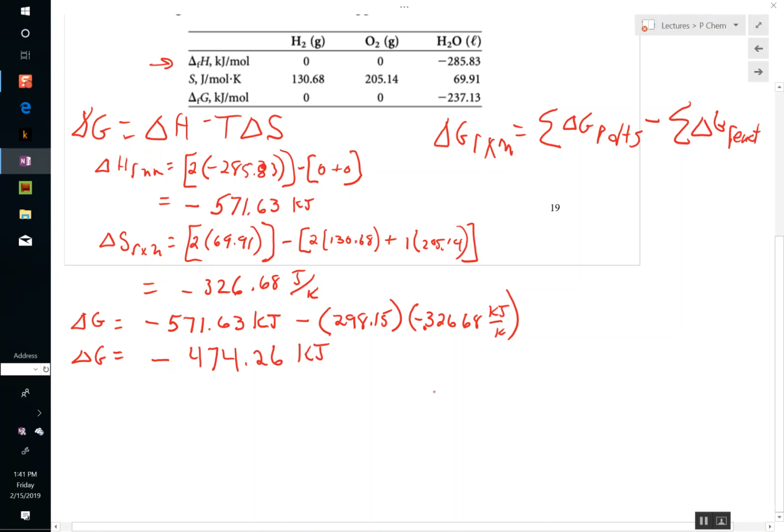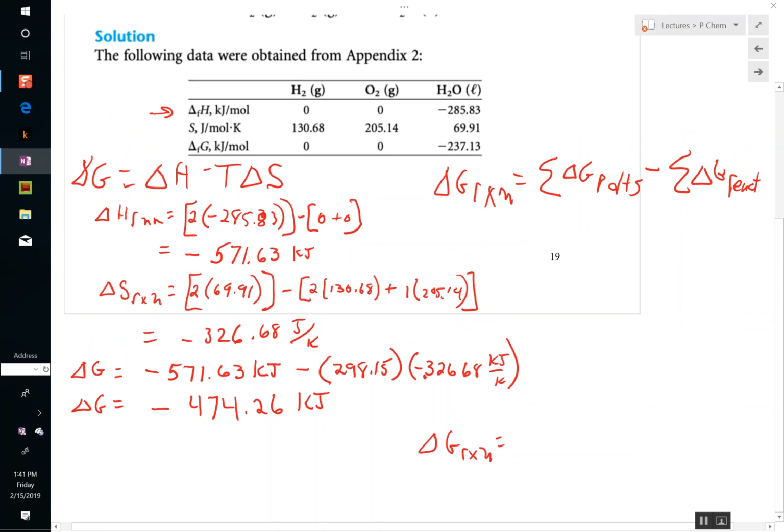All right, and then this one over here, delta G of reaction, doing the sum of the products. All we got are products. The reaction is 2.